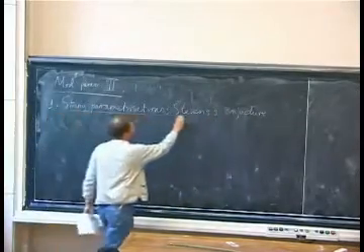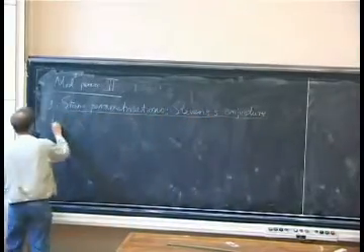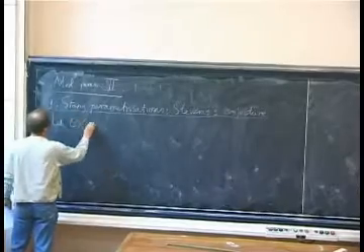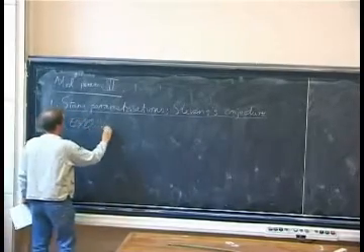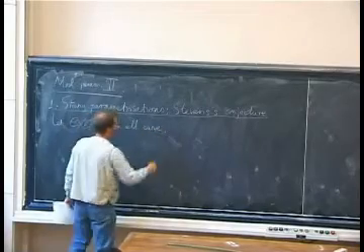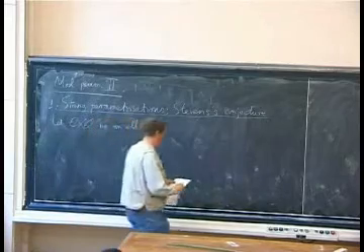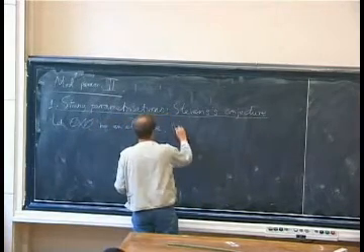So the point is the following. If we start with an elliptic curve over Q, then there is a unique strong curve associated with this. So let N be its conductor.